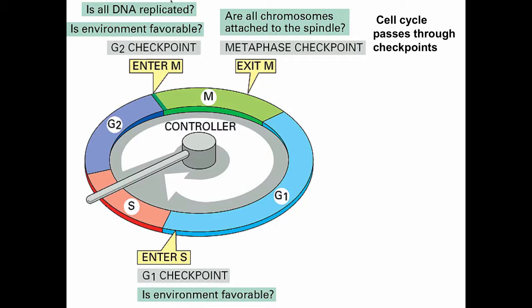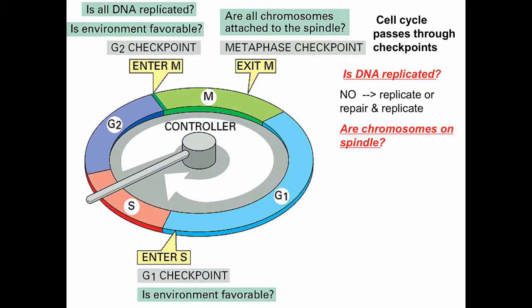This allows the cell to go through various checkpoints. So for example, the G1 checkpoint would say, is DNA replicated? If it's not, then you stop, you replicate DNA, or you repair DNA if it's damaged, and then replicate DNA. Are the chromosomes on the spindle? If they're not on the spindle, you stop and attach the chromosomes to the spindle.